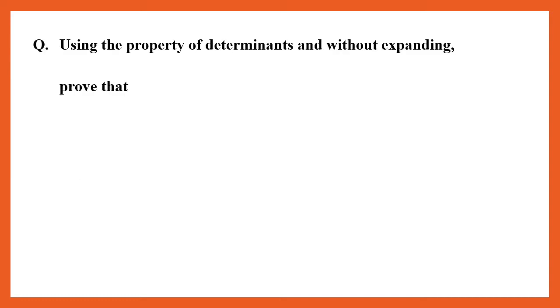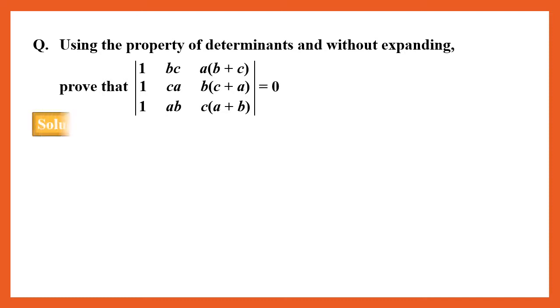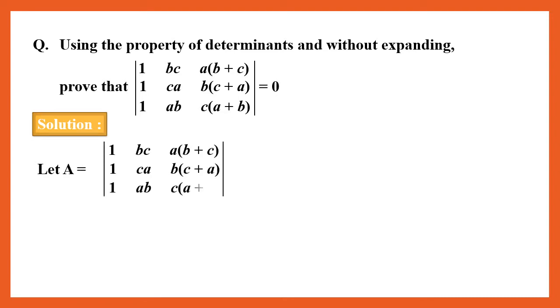Next, using the property of determinant and without expanding, prove that the determinant with rows 1, BC, A into B plus C; 1, CA, B into C plus A; 1, AB, C into A plus B is equal to 0. So we will consider the LHS of the given determinant.